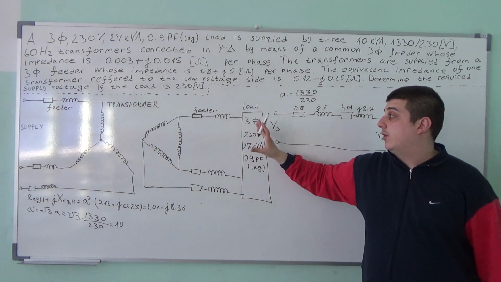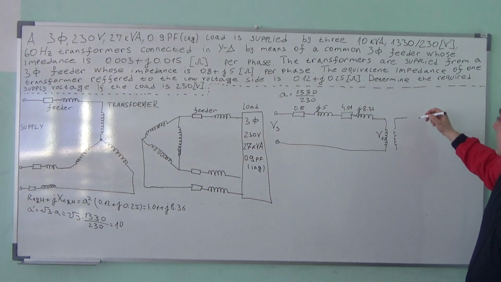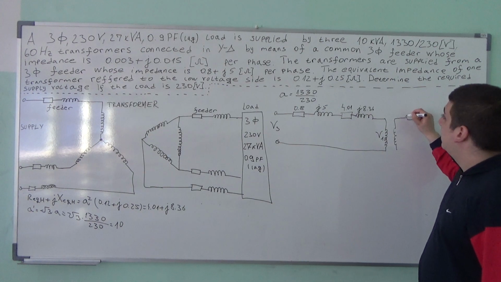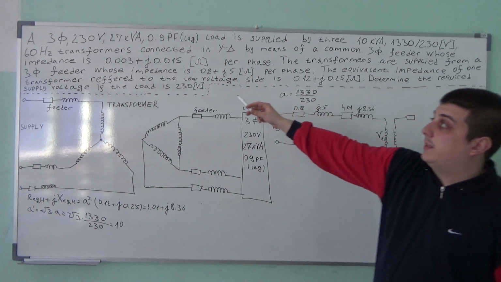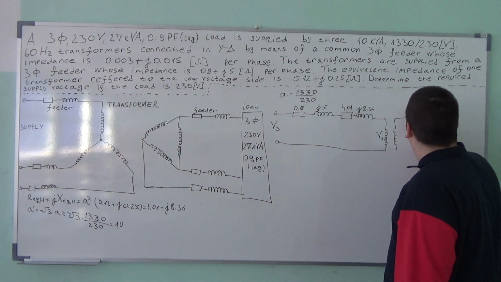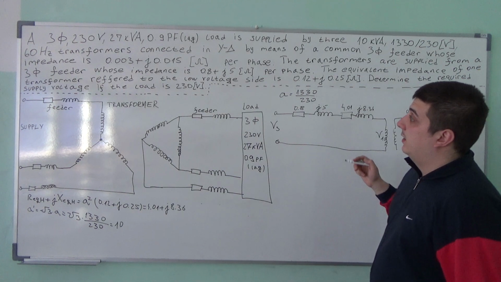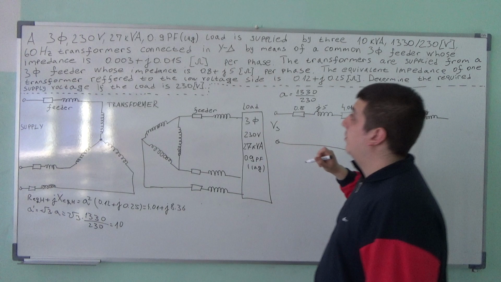This is a delta connection, but this is the line impedance, let's say. On the secondary side, it is 0.003 + j0.015.